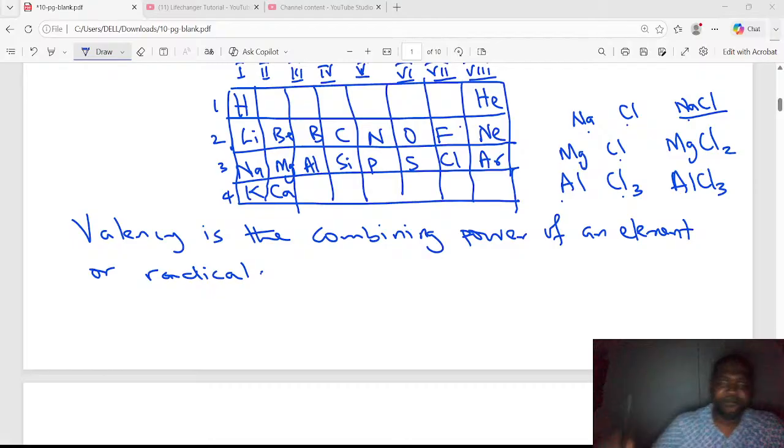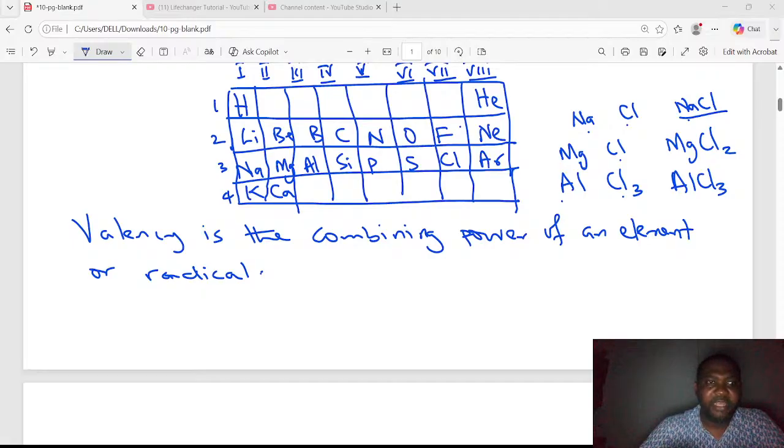Okay, so now let me say this. Sodium, which is Na, is a metal. Magnesium, which is Mg, is also a metal. Aluminium, which is Al, is also a metal.